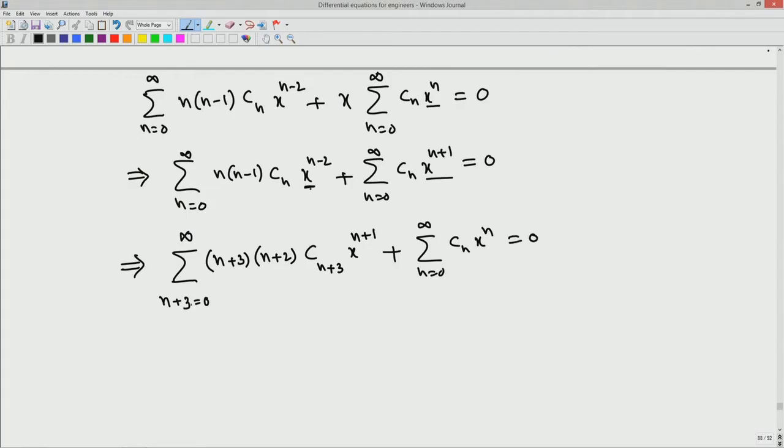So, once you have this n equal to n plus 3, this is running from minus 3, right. So, n equal to minus 3, you have this c n x power n plus 1.